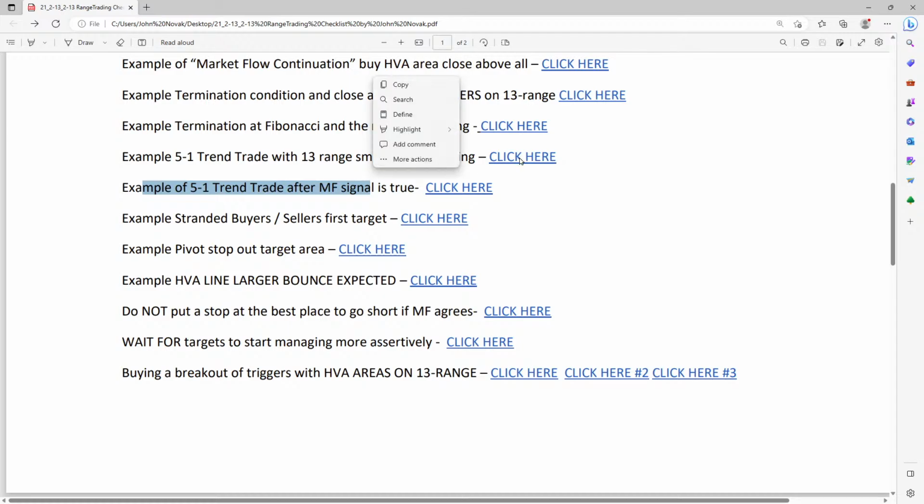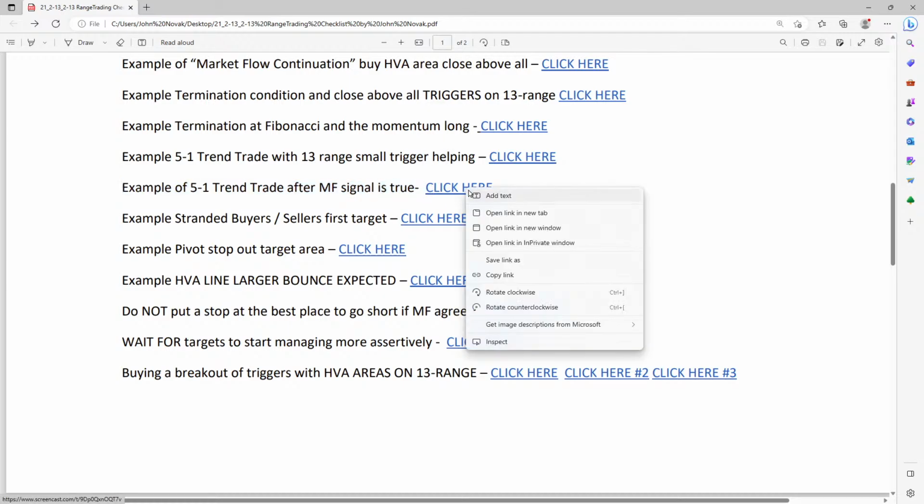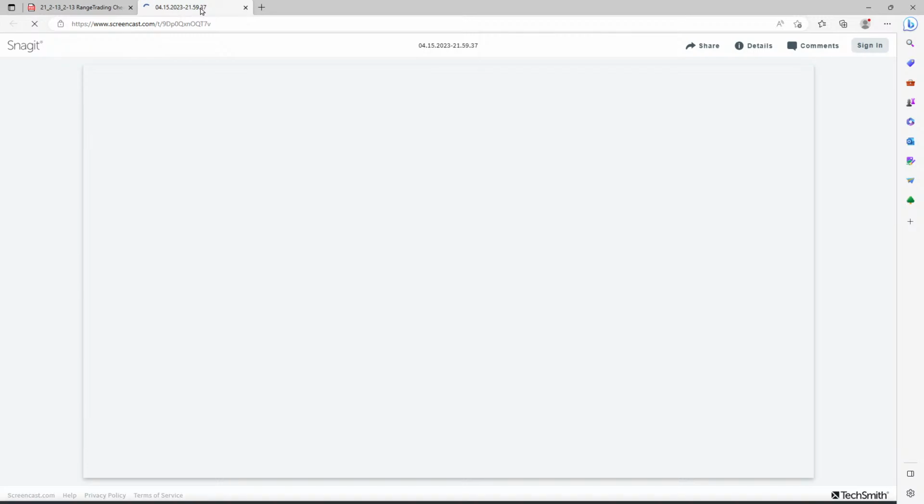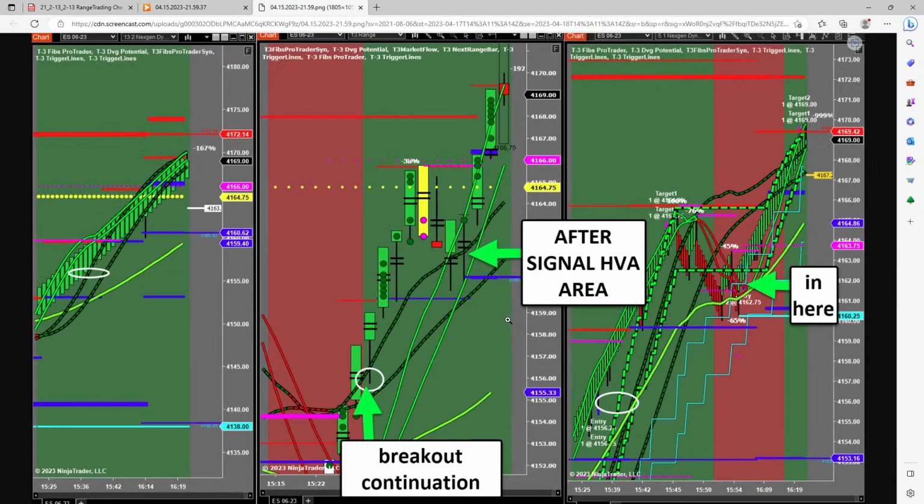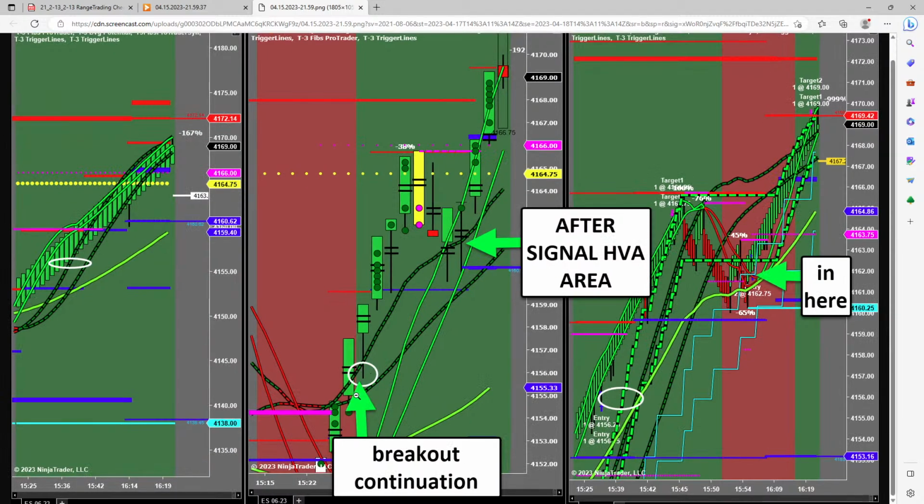All right, so that was this picture. And the next picture, the 5-1 trend trade after a market flow signal is true. So you remember the breakout trade we had earlier? That was down here, where everything closed back above, and then you buy the high volume area and hope for the best.